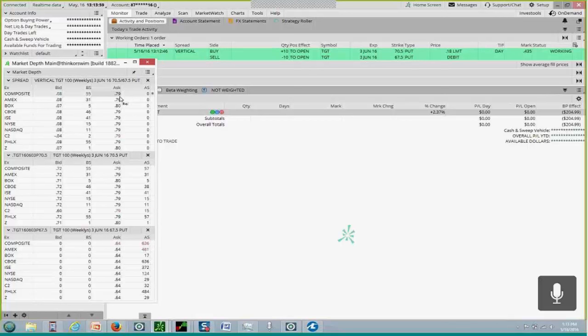Now this is interesting because technically I put in a bid, well, I'm in the middle here. So right now, my order is just sitting and waiting. And did I expect to get filled at 18 cents?